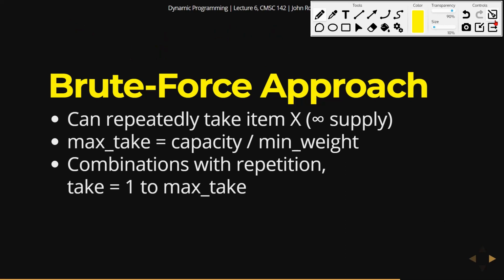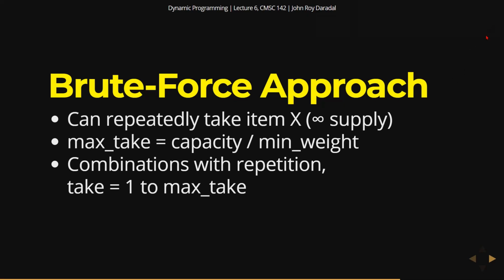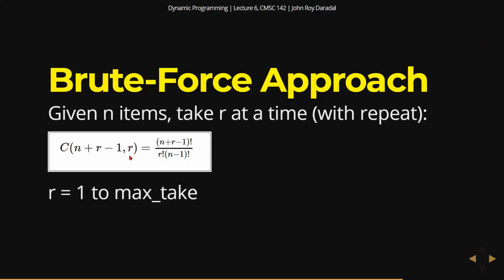And if you remember from your ComSci 57, this is the number of combinations with repetition. Remember, n plus r minus 1 taken r times, you have this equation wherein it's in factorial. If it's in factorial order, then that means that it's really bad, because it's even worse than exponential.